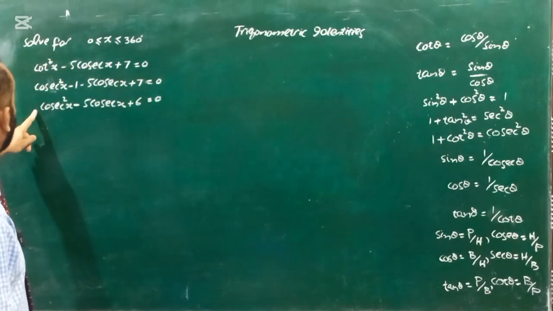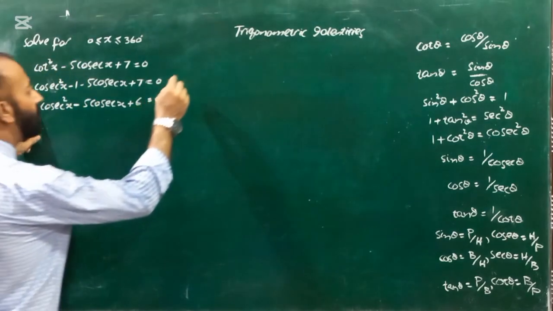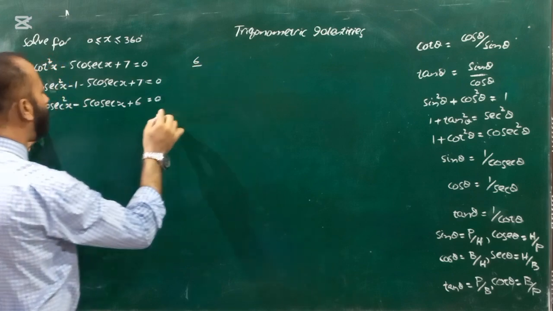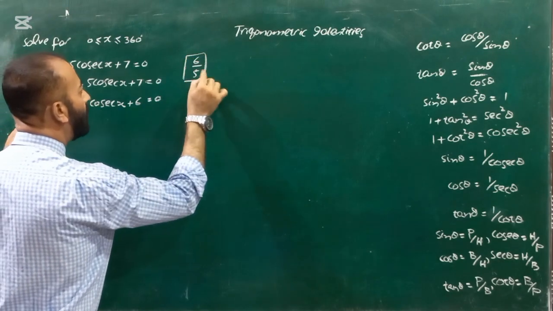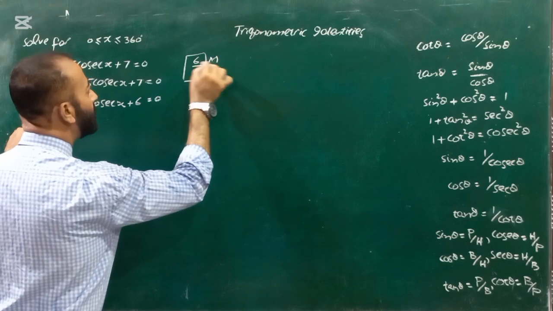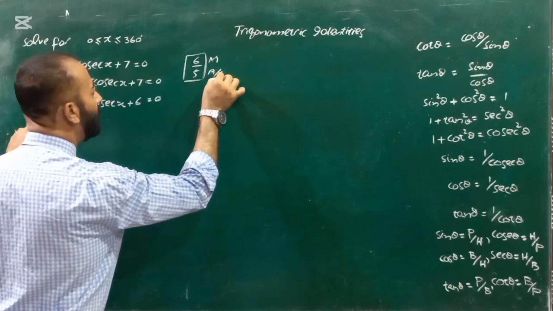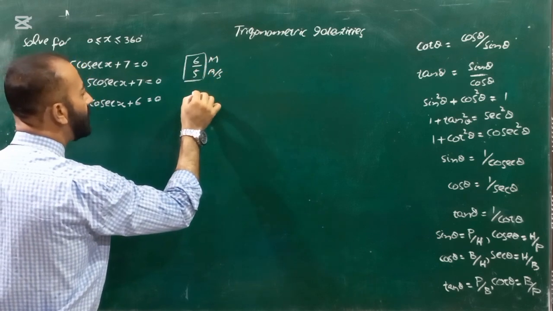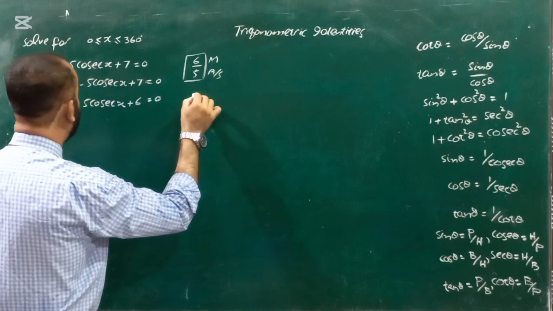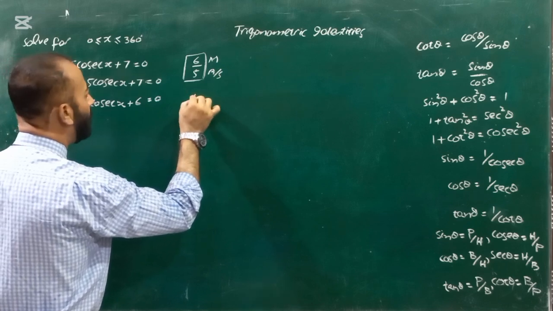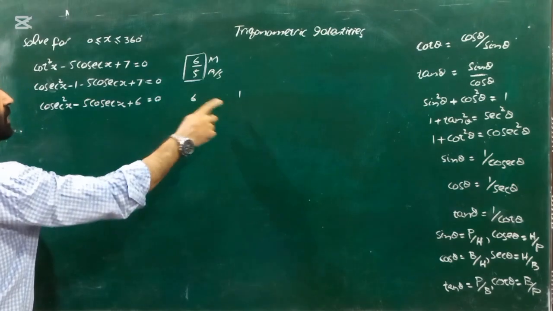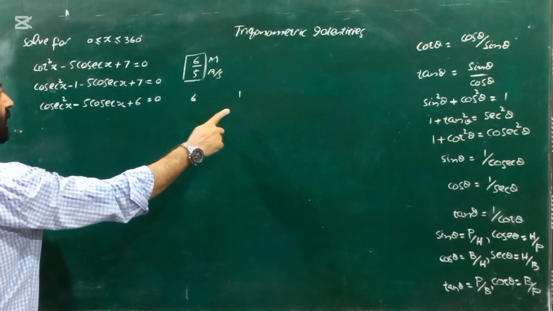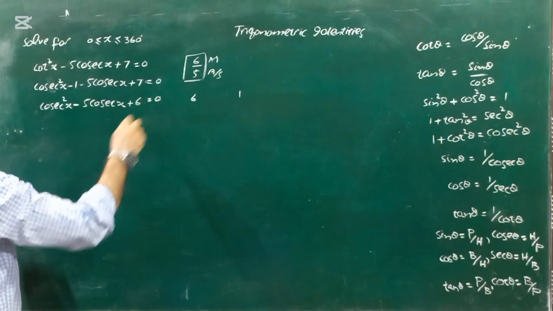So multiply the coefficient of the first term with the last one. So it is 6. The central coefficient is 5. So think of a pair of numbers whose multiplication is equal to 6 and addition or subtraction is equal to 5. So these are actually 6 and 1, because 6 ones are 6 and 6 minus 1 will be 5.